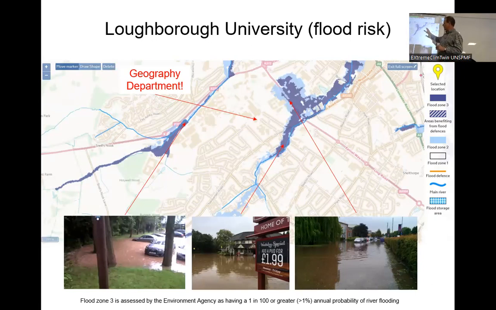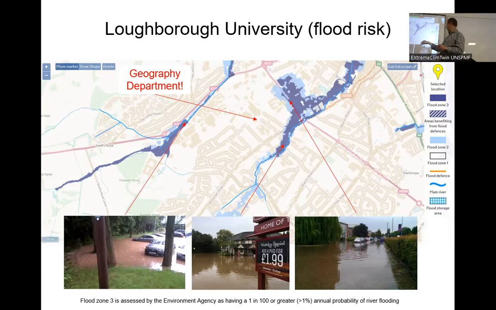It's a huge campus, but it's exposed to flash flooding and flooding by local rivers, which we can see. This is our flood map, and the blue areas indicate the small streams and rivers that flood quite regularly and impact not only the campus, but also the neighbouring town.